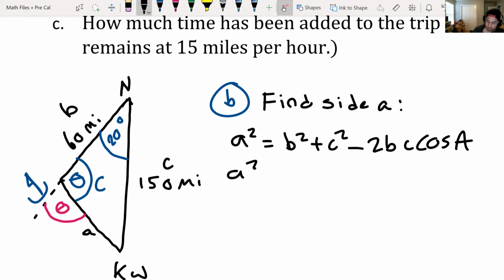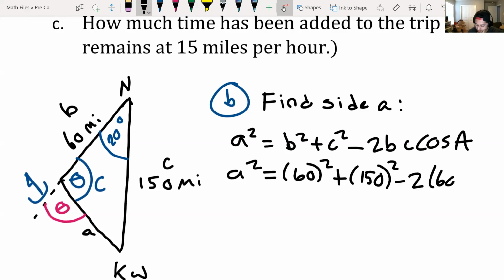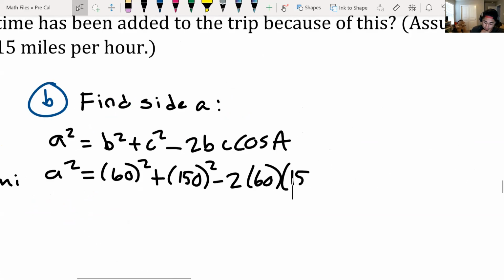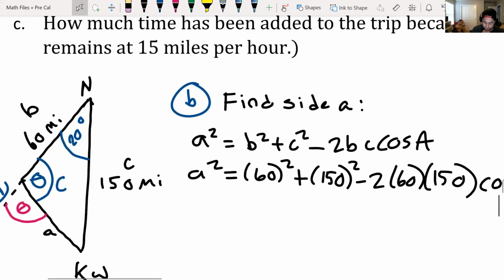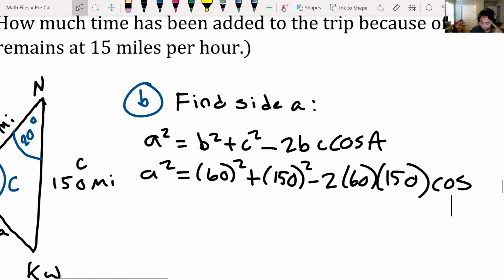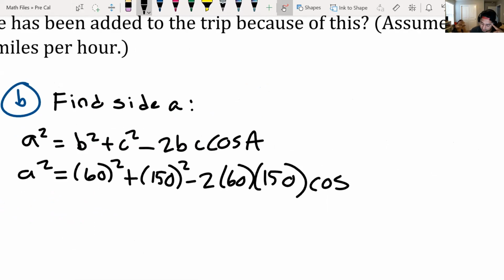Which means I'll get A squared, which is equal to 60 squared plus 150 squared minus 2 times 60 times 150 times the cosine of angle A, which is across from A, which would be 20 degrees.